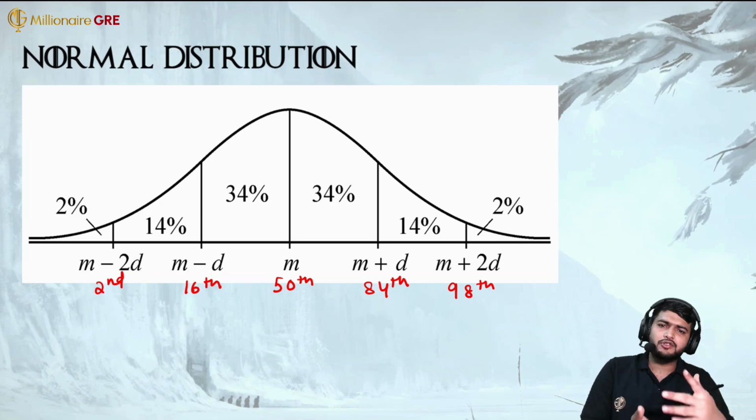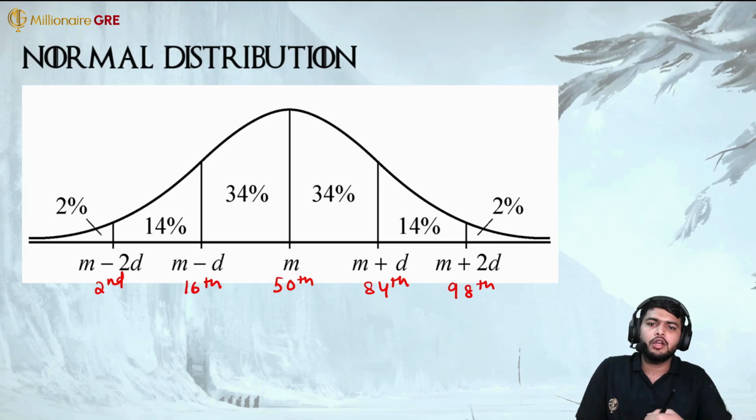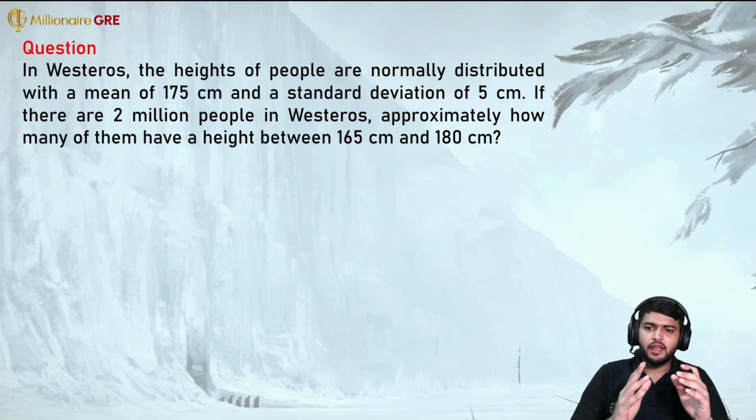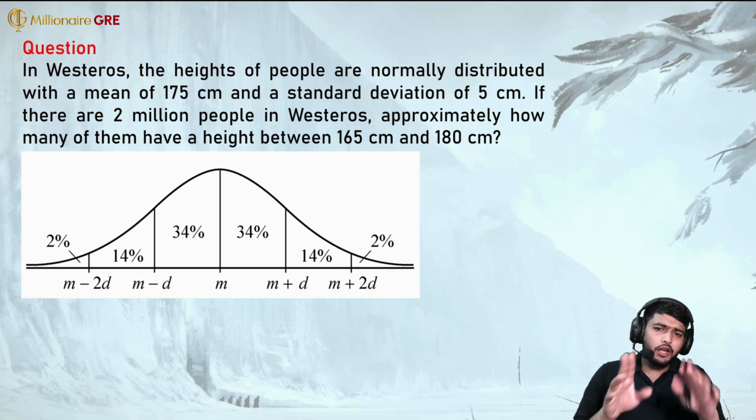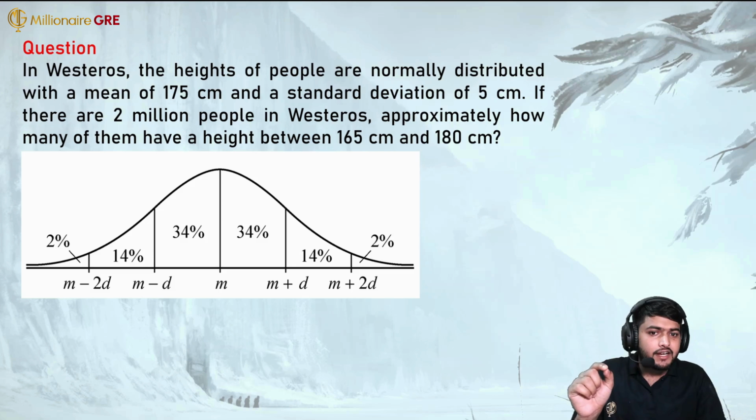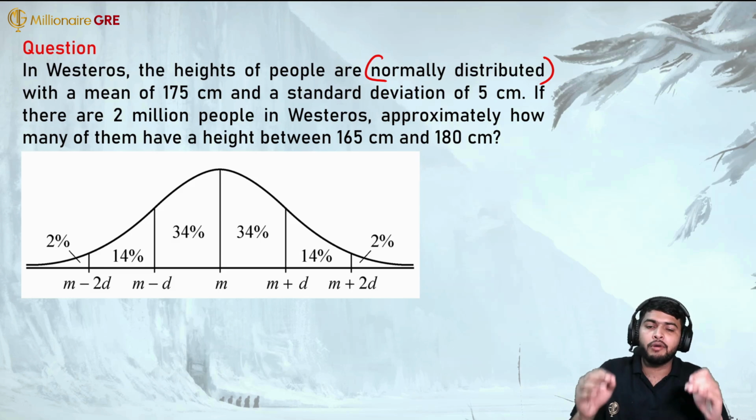Now let's further solidify the concept of normal distribution through a practice question. I want you to pause the screen and give this question a try. Hope you have done so. Now let's solve it together. This is the graph for normal distribution. And note one thing. You can only apply the concept of normal distribution, or you can only assume that the terms are normally distributed, if the question explicitly mentions the term normal distribution or normally distributed.